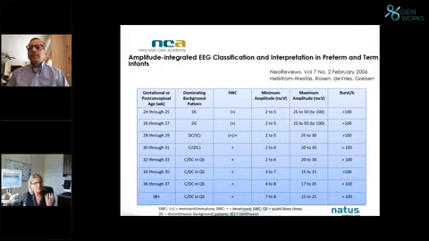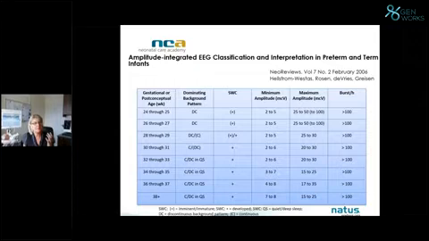Then they looked at what the minimum and maximum amplitudes in microvolts would be in these infants, as well as how many bursts per hour we should expect. And this table signifies at that point what we believe to be normal for these preterm babies.